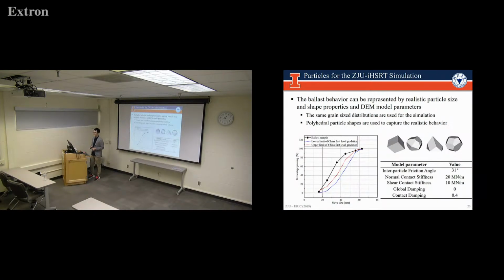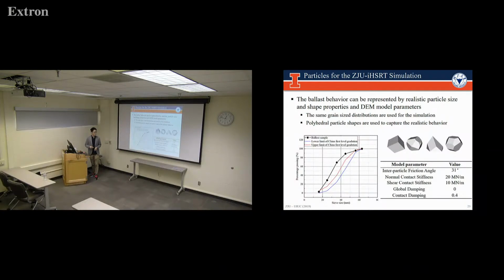Once we have those two implementations available in the DEM models, the particles used for the simulations will have the same grain size distribution as used in the laboratory experiments, and the polyhedral particle shapes will be used to capture the realistic behavior of this ballast layer.